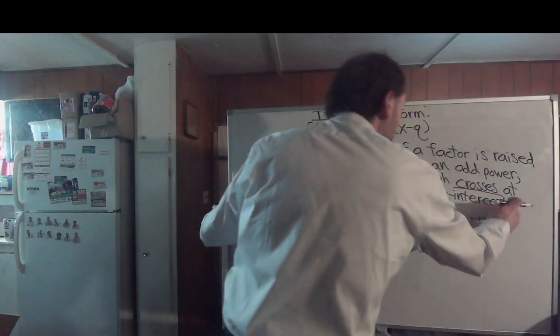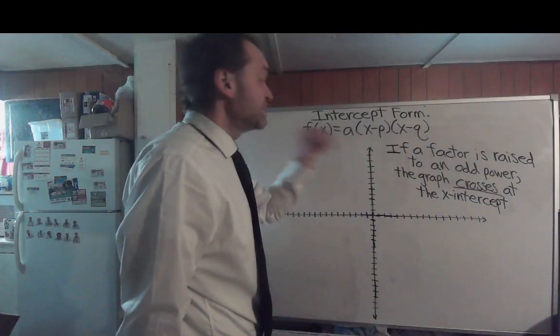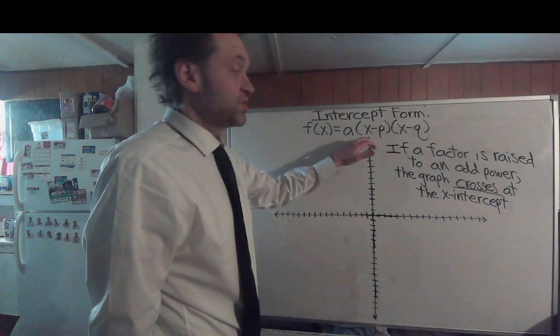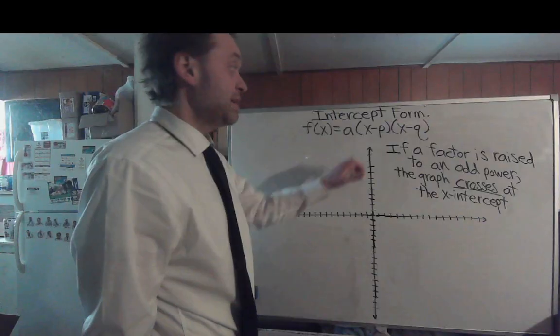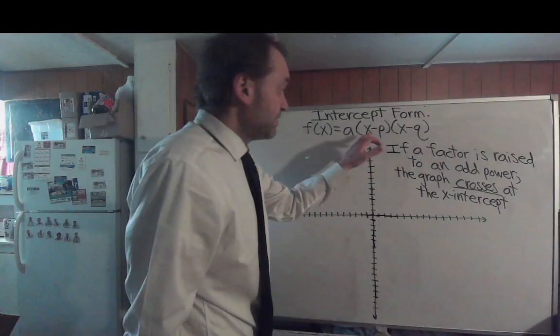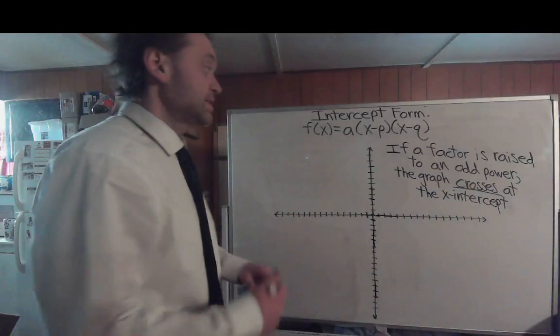So notice, x minus p and x minus q are both raised to the first power. If it were raised also to the third power, to the fifth power, to the seventh power, anytime it's raised to an odd power, at that x-intercept, the graph will cross through those points.